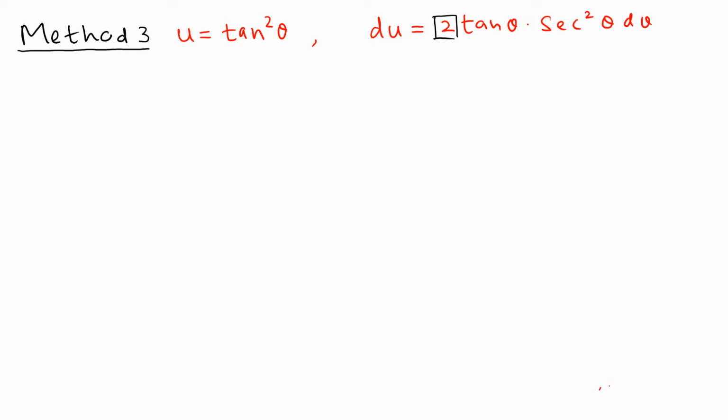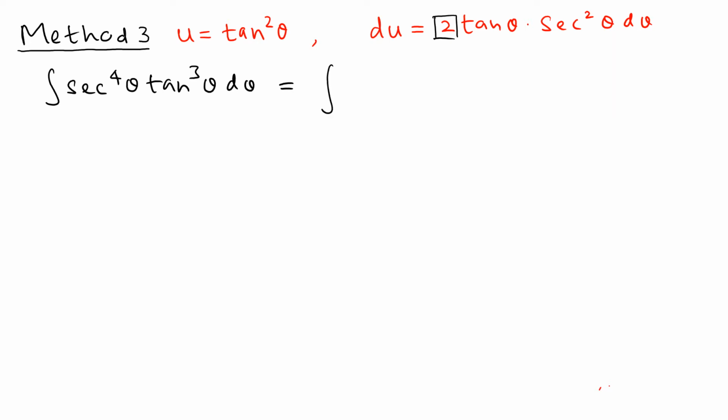We write this again as secant 4th power theta tan cubed theta d theta. We can isolate the tan secant squared term, and we also have to do some manipulation about the numbers.